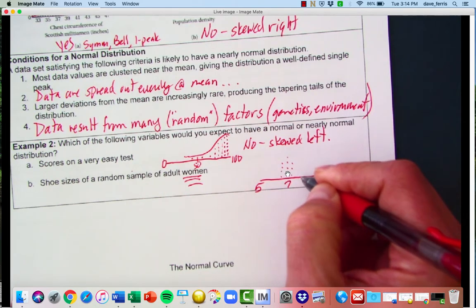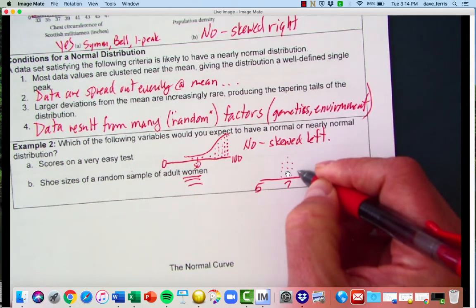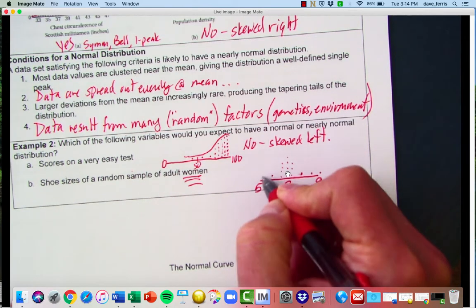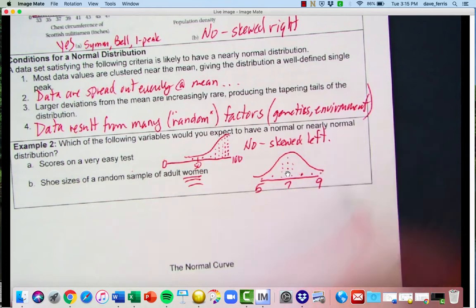But due to genetic differences and environmental differences and whatever, you'll have fewer that have really big feet and fewer that have really small feet. So I think we could make an argument that, yeah, this is probably going to be normal-like. Most women are going to have shoe sizes around 7 or a little above and below, and not many really big, not many low. And that's what generates a normally distributed distribution.